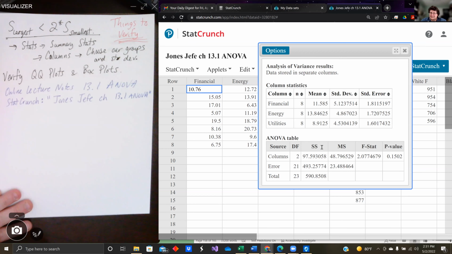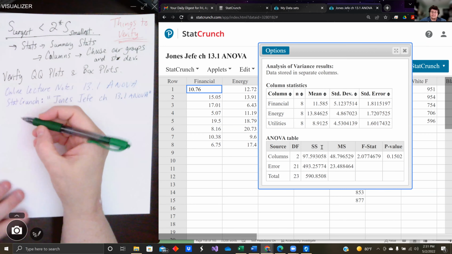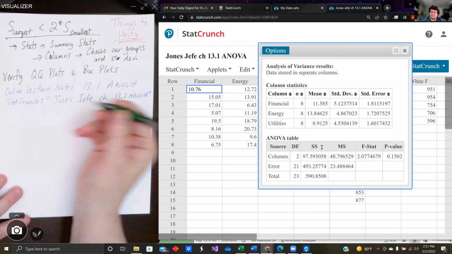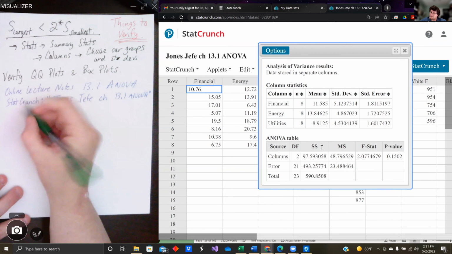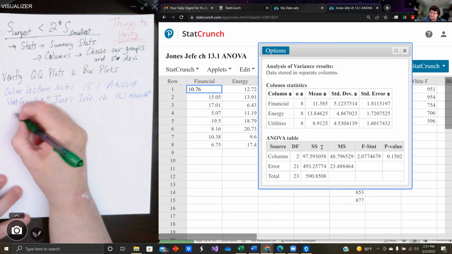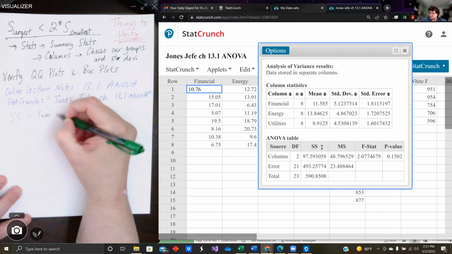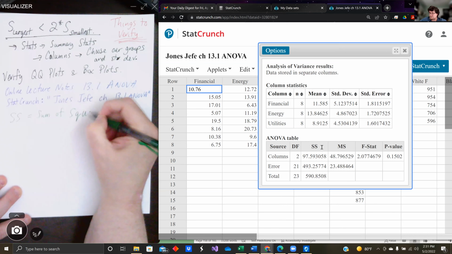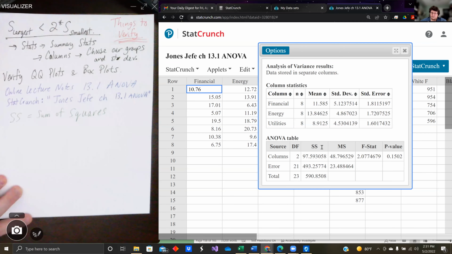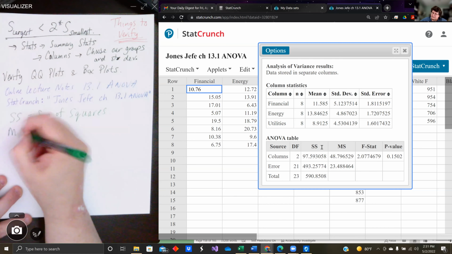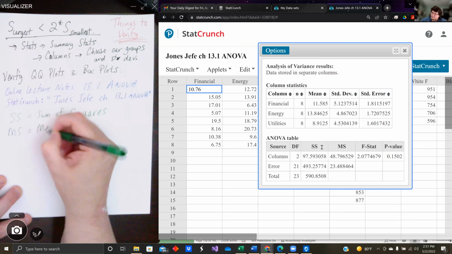We haven't seen SS and MS. We've seen DF too. DF is degrees of freedom. SS is the sum of squares, and MS is the mean of squares.